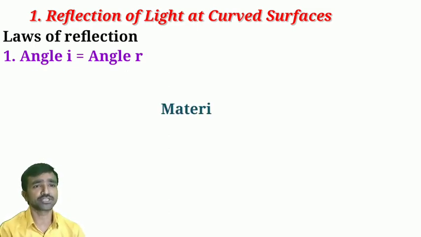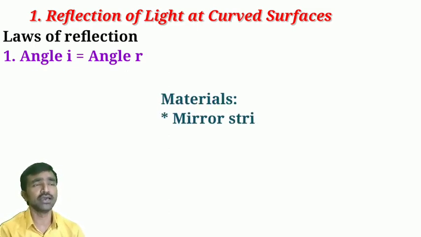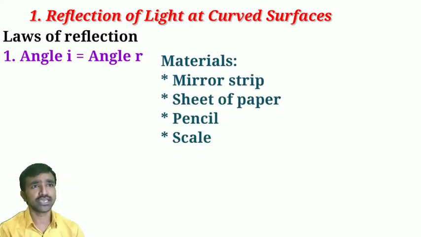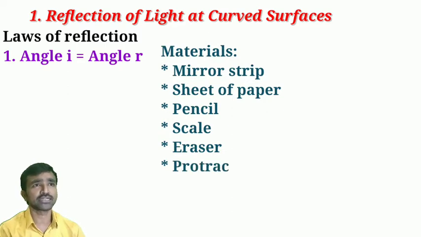One mirror strip, one white paper and pencil, scale, eraser, protractor, etc. These are the minimum required materials, and if you have the possibility to use laser light, you can use it. Otherwise, we can verify with small twigs or small threads. It is also possible with them.